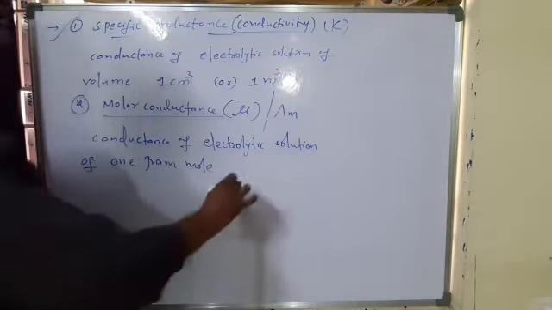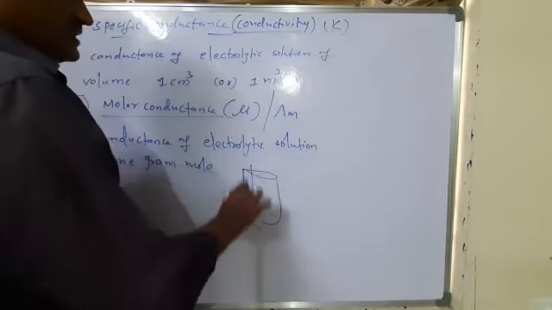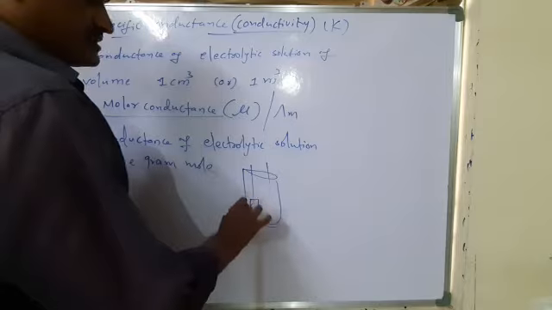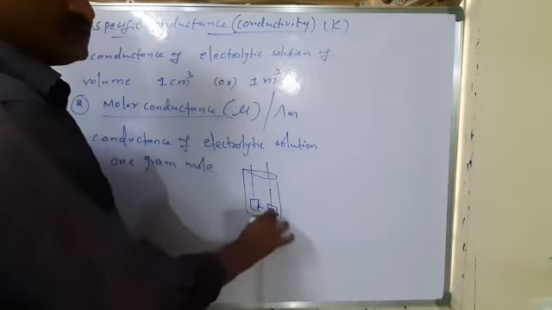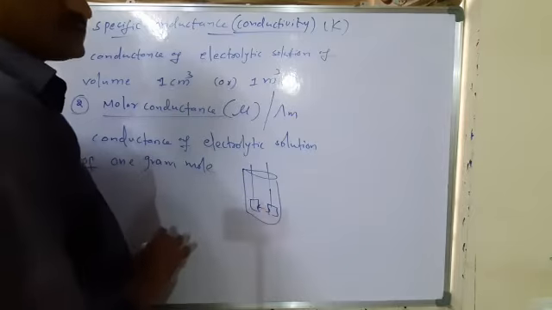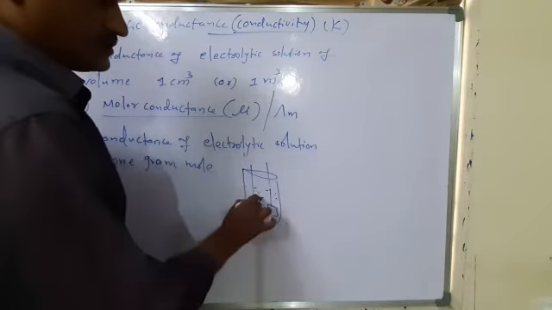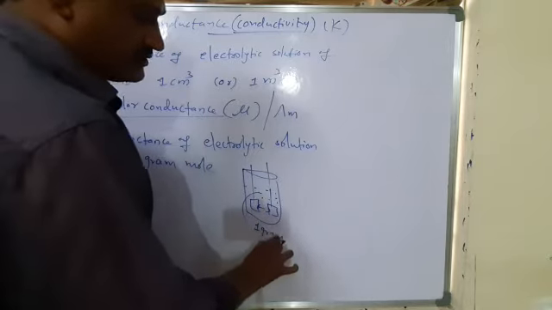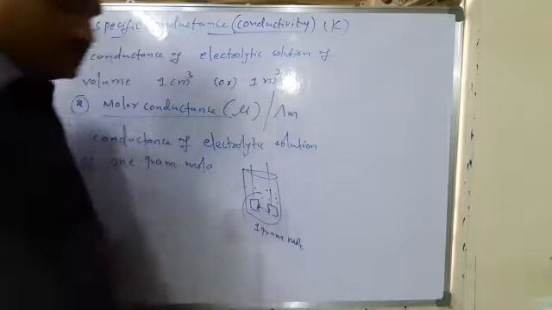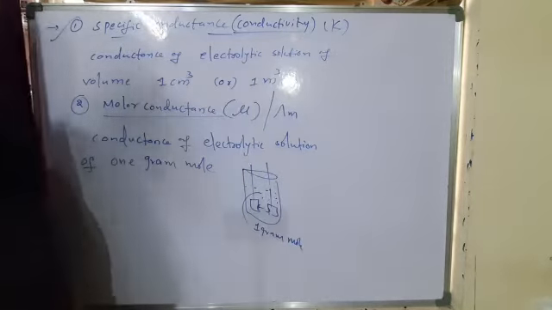In the electrolytic conductivity cell there are two plates, the distance between them is 1 unit and the area is also 1 unit. If we take 1 gram mole of electrolyte in this, its conductance is called molar conductance.